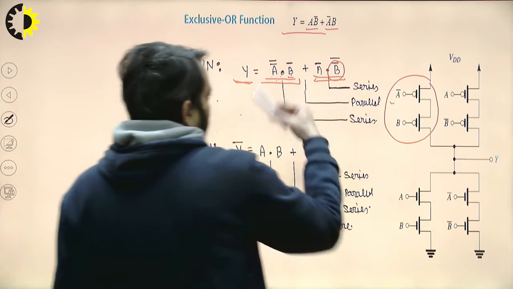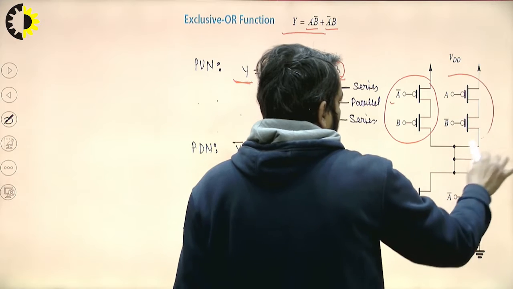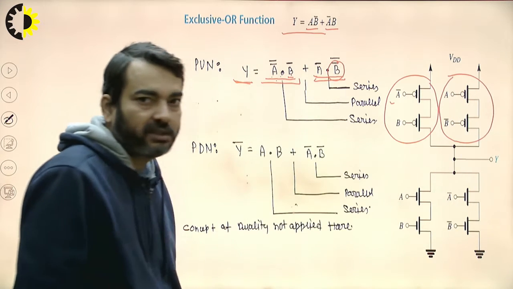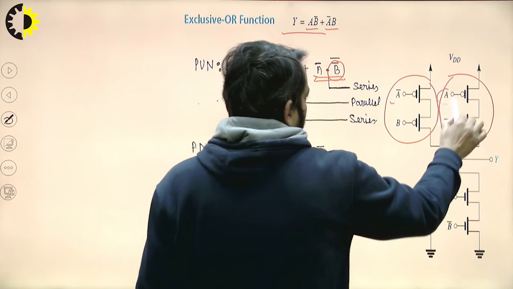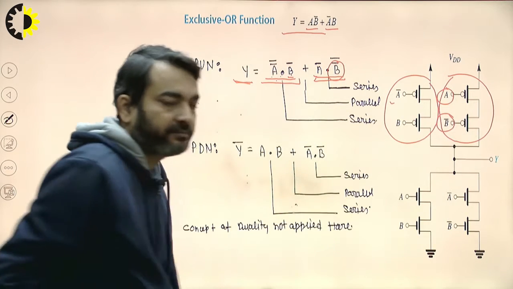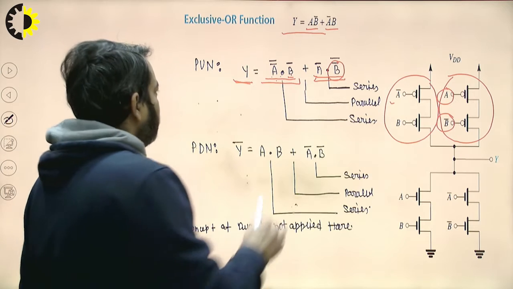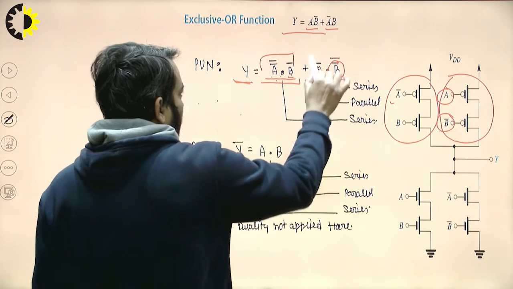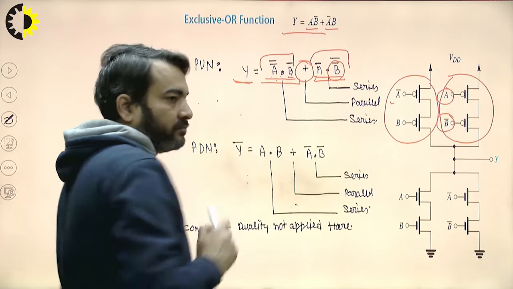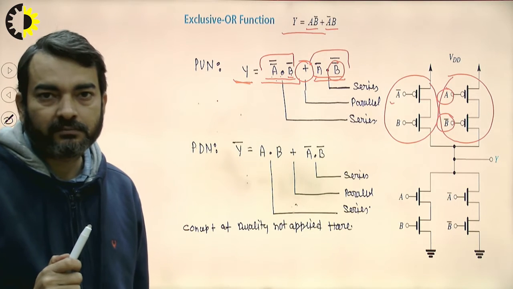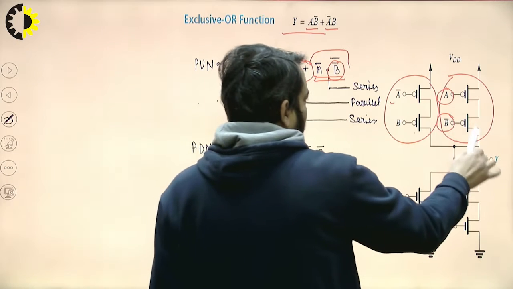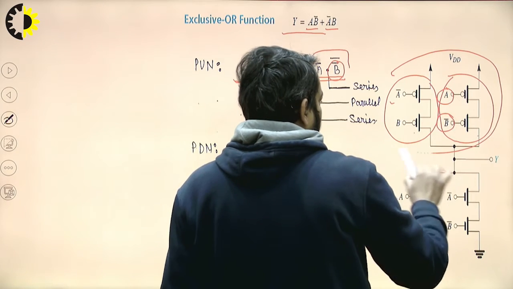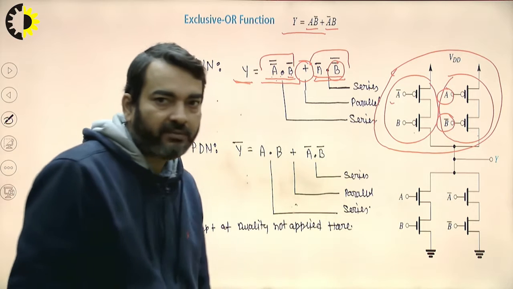Again, a series connection of two PMOS with inputs A and B bar. Now these two terms are ORed. OR means parallel operation, so these two sub-networks will be in parallel. This complete part will make the pull-up network.